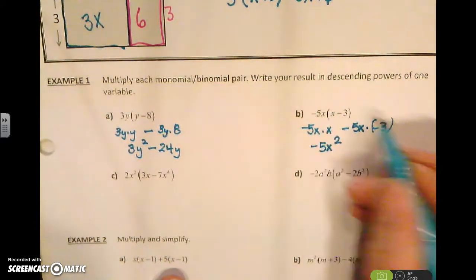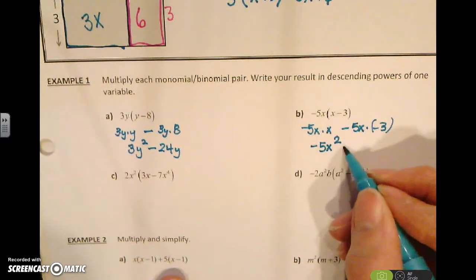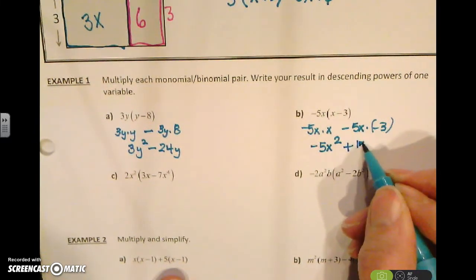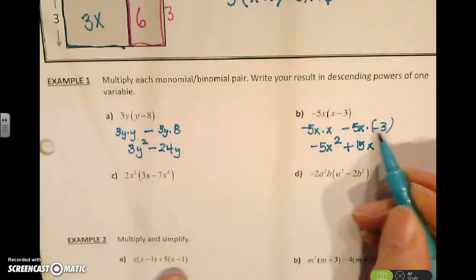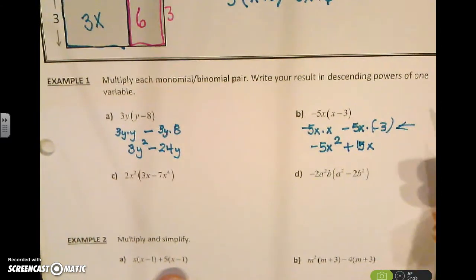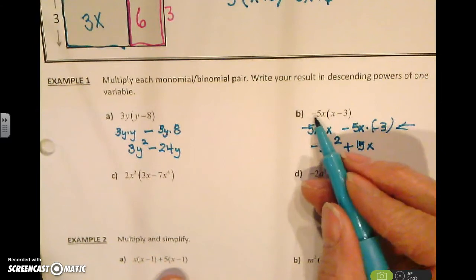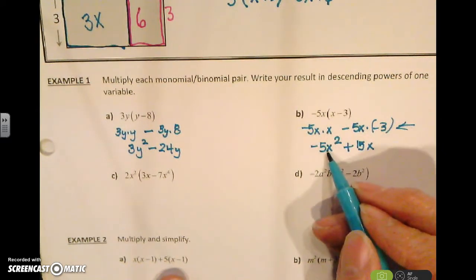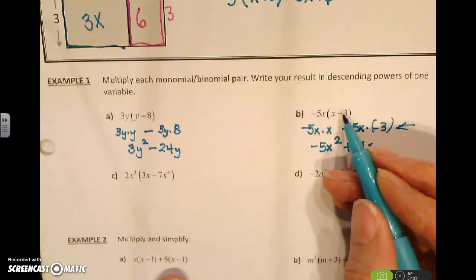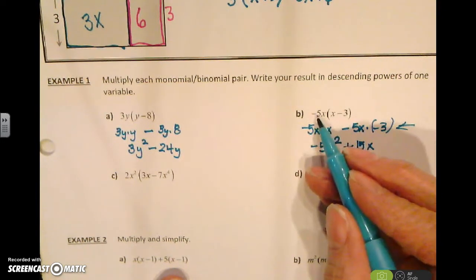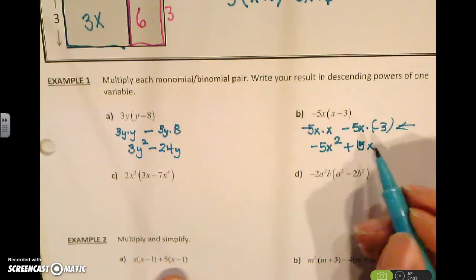And now I'm going to have a negative times a negative, which gives me a positive 15x. You do not need to write this line right there. I'm just doing it to demonstrate that. You're going to say negative 5x times x is negative 5x squared. And a negative times a negative is positive 15x.